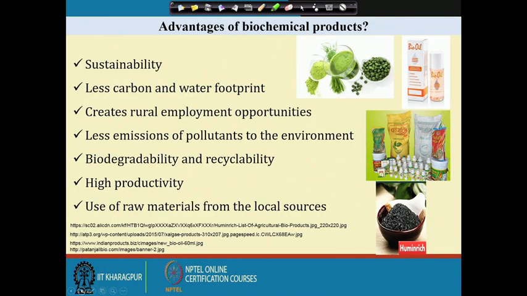Then what are the advantages of the biochemical products? That I also want to highlight. The first important thing is that this is sustainable. Sustainable means we can continue this process for a longer period of time, because the raw materials that are used will be available to us and will not be exhausted very soon.